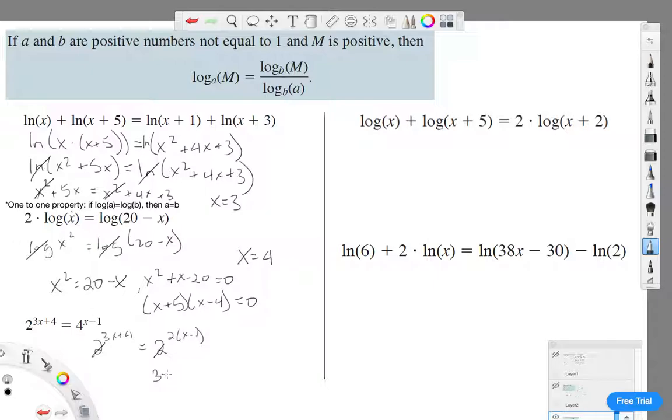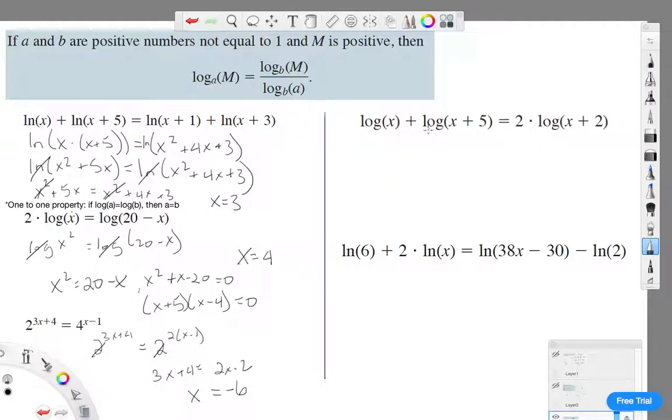We get 3x plus 4 is equal to 2x minus 2. Combine like terms: 3x minus 2x is x, and then we subtract 4 from negative 2 and we get negative 6. x equals negative 6.